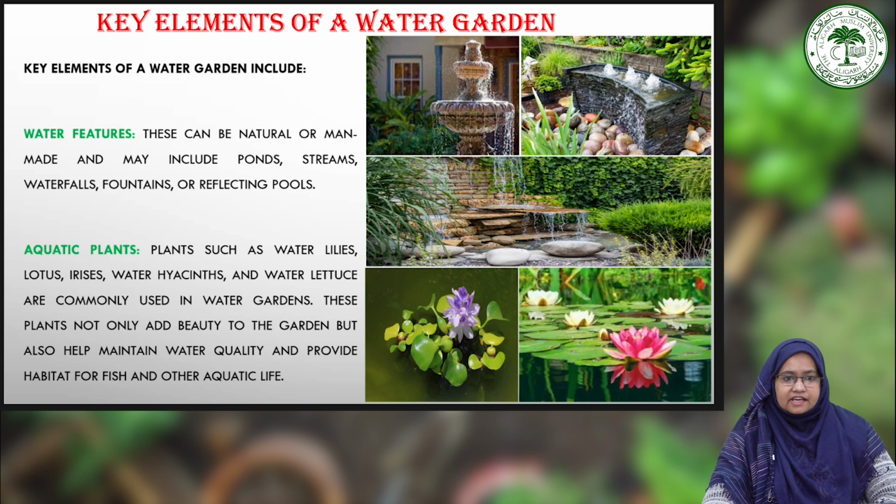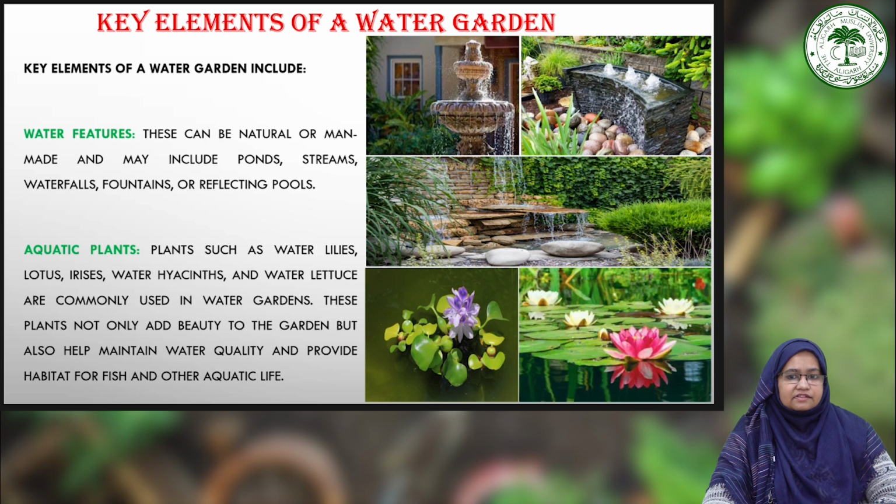So, the next important element is aquatic flora. Varieties such as water lilies, lotus, irises, water hyacinths, and water lettuce are frequently incorporated into water gardens.